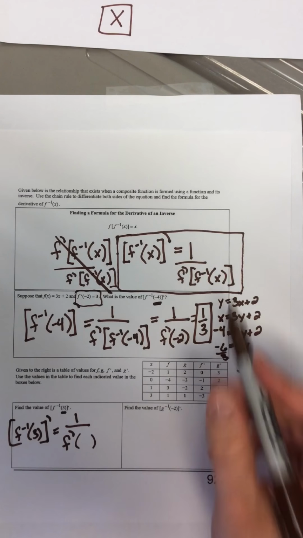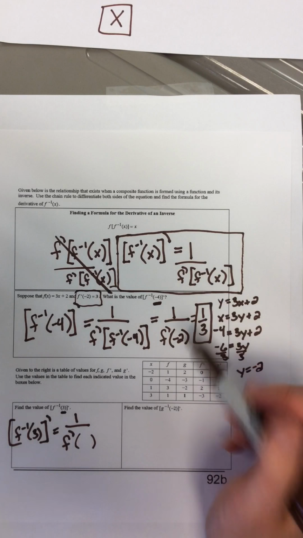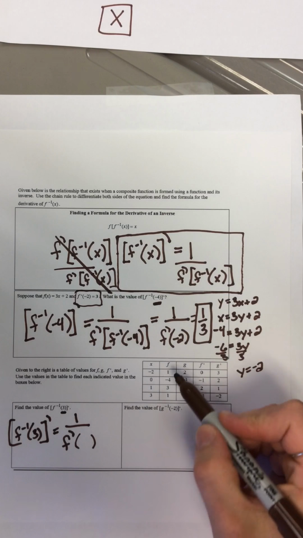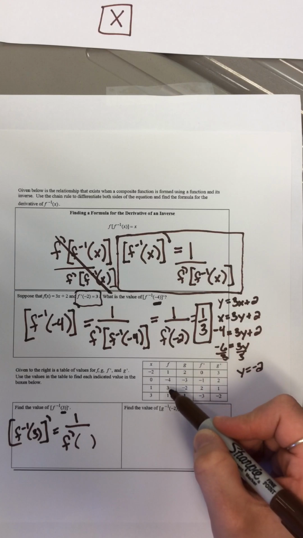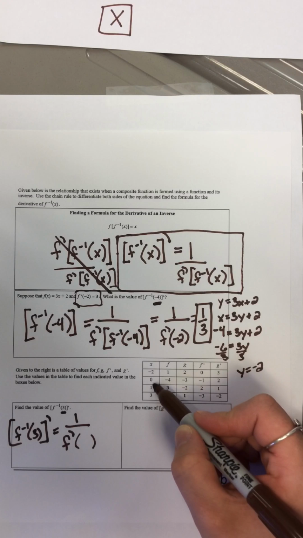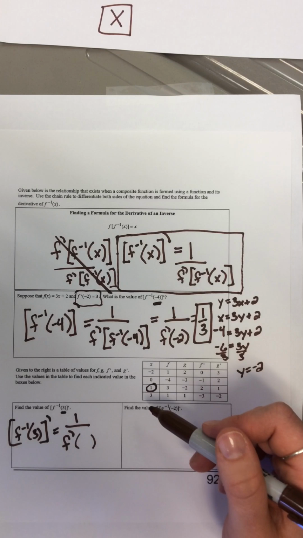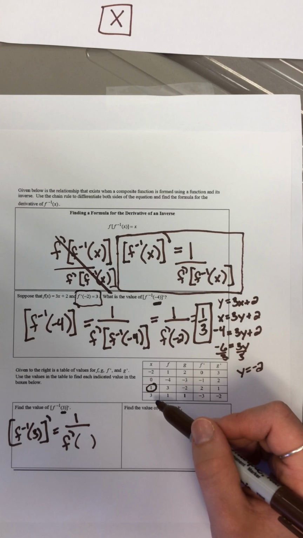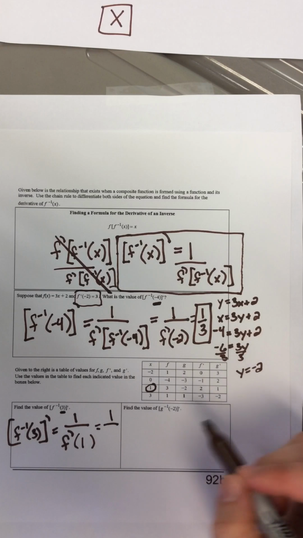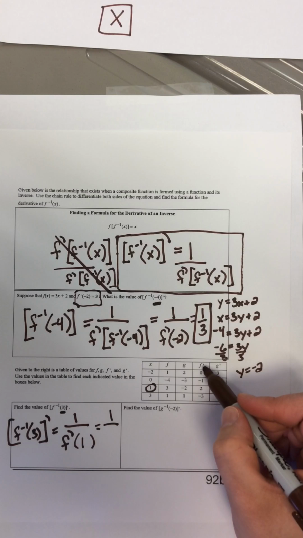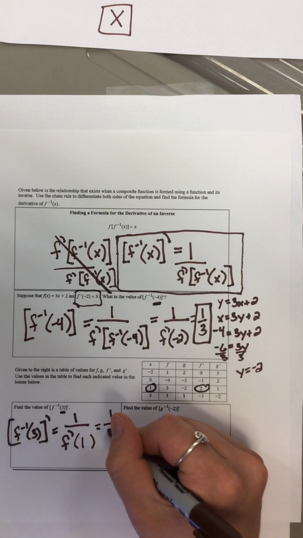But I don't see anywhere where I have f inverse of x. So you have to think about it, that the x and y switch. So I'm going to go over the graph of f, and then I'm going to go down to the y value of 3, and I can choose this x value of 1, because in my inverse function, my x and my y values switch. Now I can use the chart as normal. 1 over f prime of 1. F prime of 1 is 2.